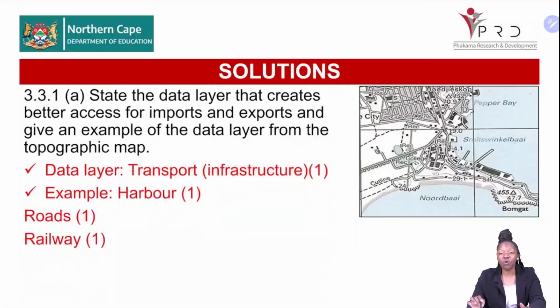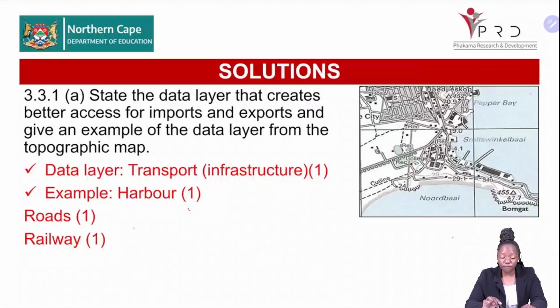So if they have an ocean, it means all the transport modes, when it comes to the data layer identification, are covered in terms of the road, in terms of the air, in terms of the water. So when it comes to the example, we're looking at the harbor because there's an ocean. We're looking at the road, as we can see, there are roads there. And we're looking at the railway.